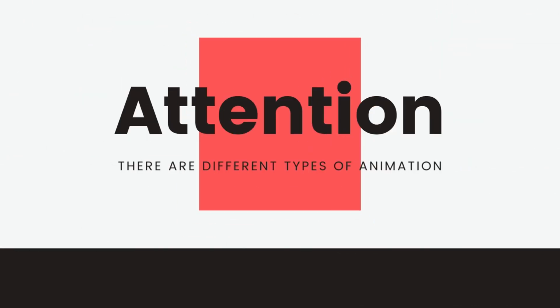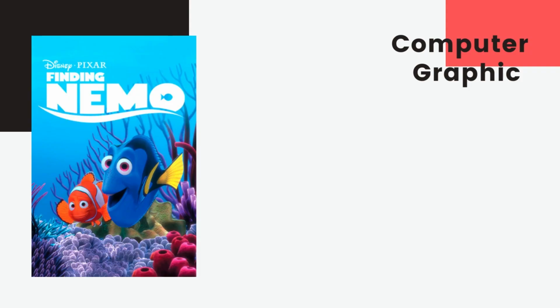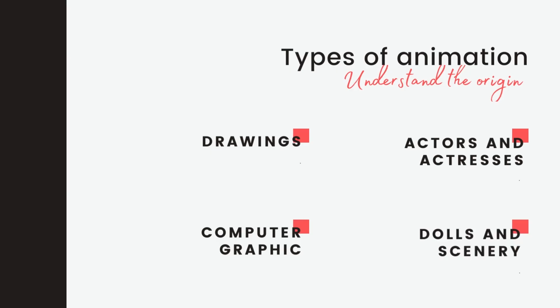And before we finish this class, I have here another notation. There are different types of animation. It's very common to confuse computer graphics. For example, this movie, Finding Nemo, is just computer graphics. There's no motion capture for it. And it's very common to confuse stop motion too.